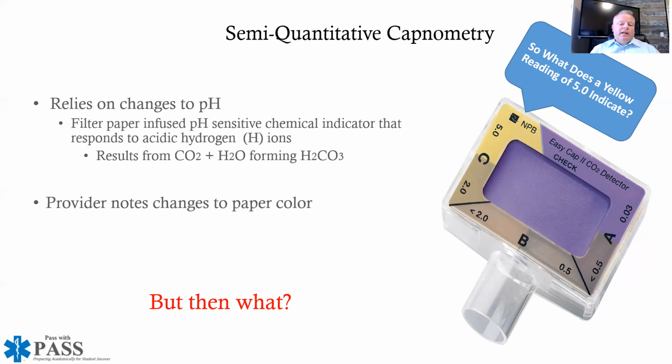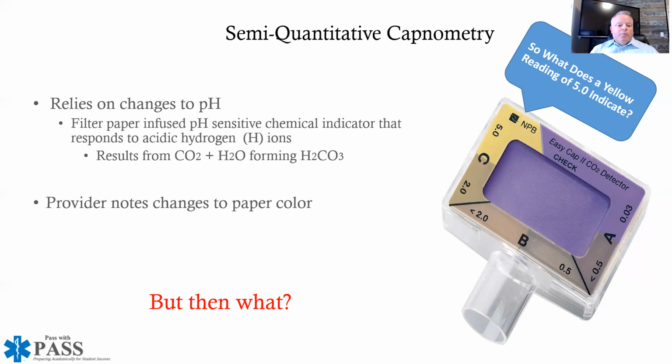The real thing that is going on here with this colorimetric device is that there is a piece of paper in there, which is actually just a filter. And that filter is impregnated with a chemical that will react to acid. So if an acid hits that, then we know it's going to change color.